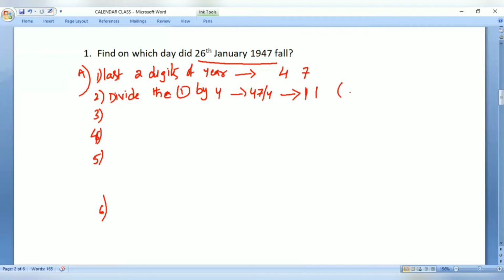So take the quotient here. Instead of remainder, we take the quotient here. Now, the third step says take the date. What is the date? 26.